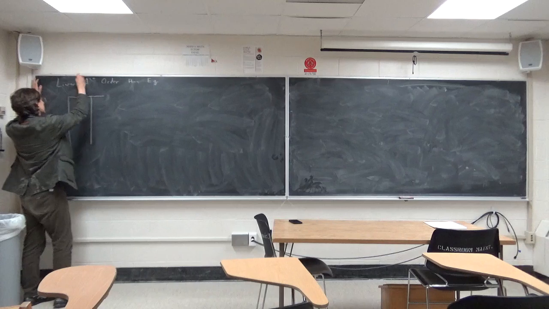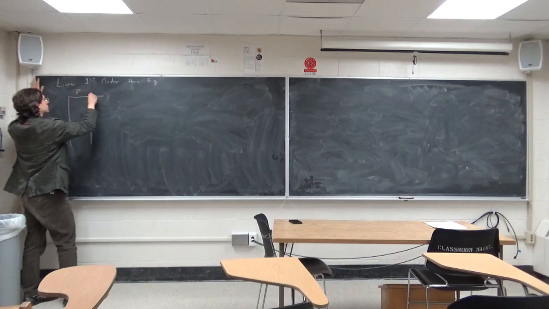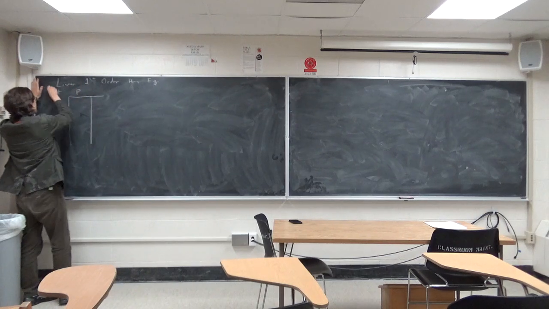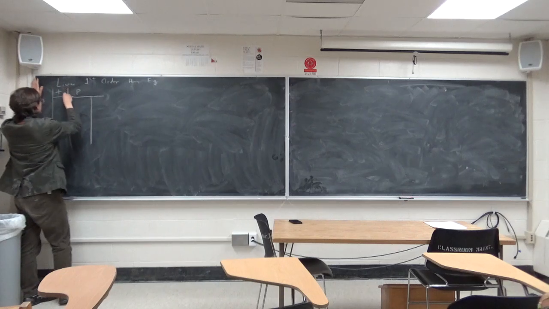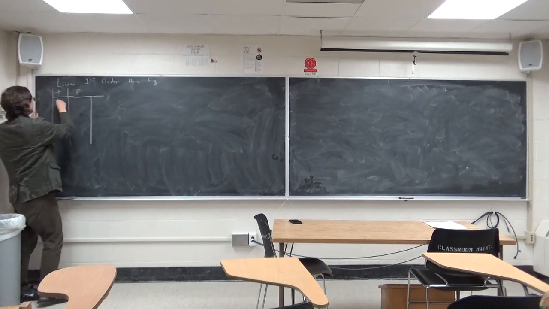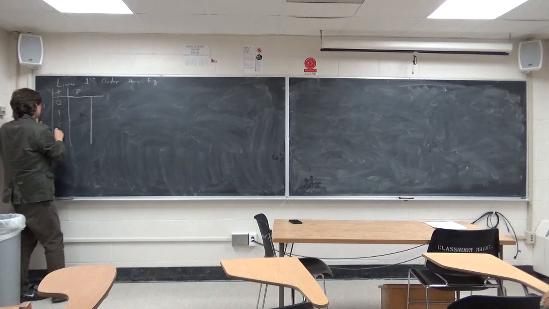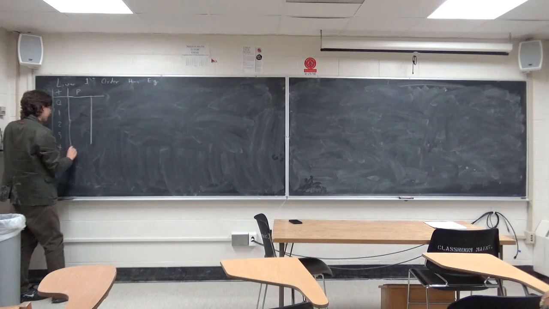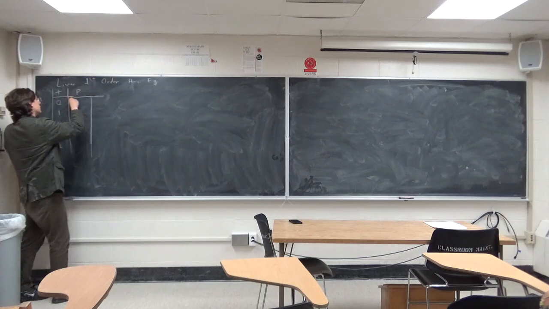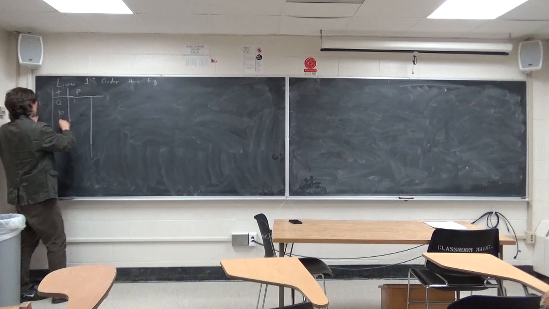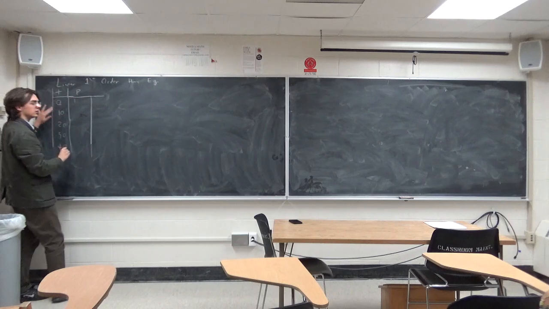Here is the population, and here's time. Here's 0, 1, 2, 3, 4, and the population is 10, 20, 30, 40. These are years right here.